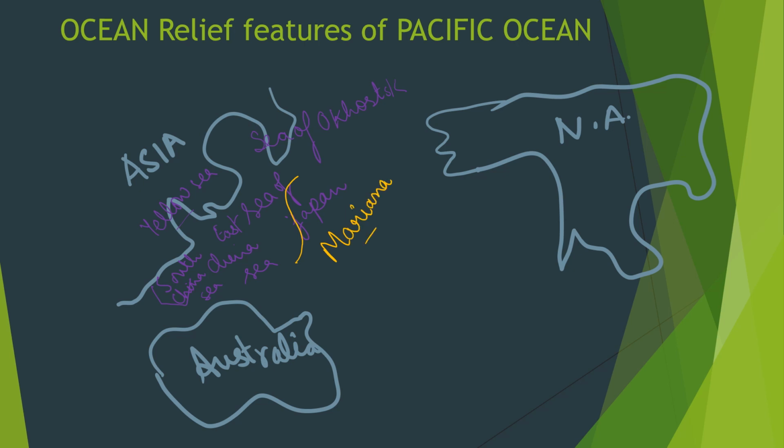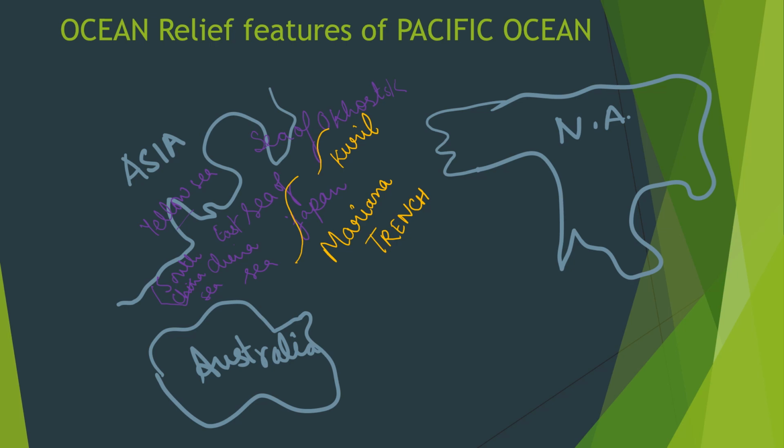It is the deepest one. This trench is the deepest and a very famous one. Next we have the Kuril Trench, Kuril Kamchatka Trench, which is present here. It is also a very famous trench. So these are the trenches of the Pacific Ocean.